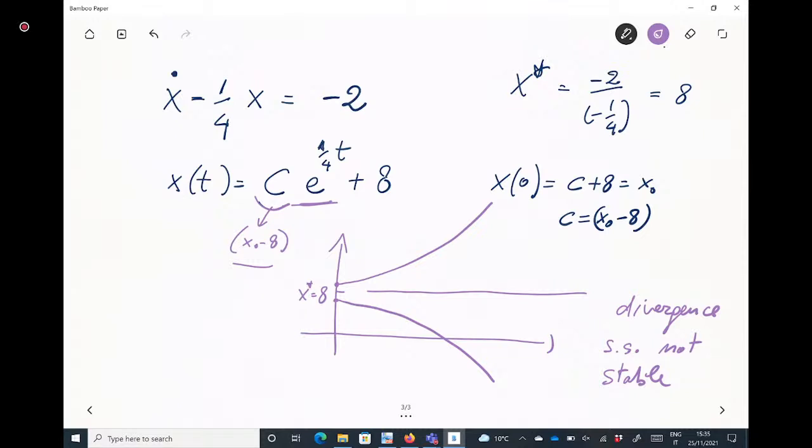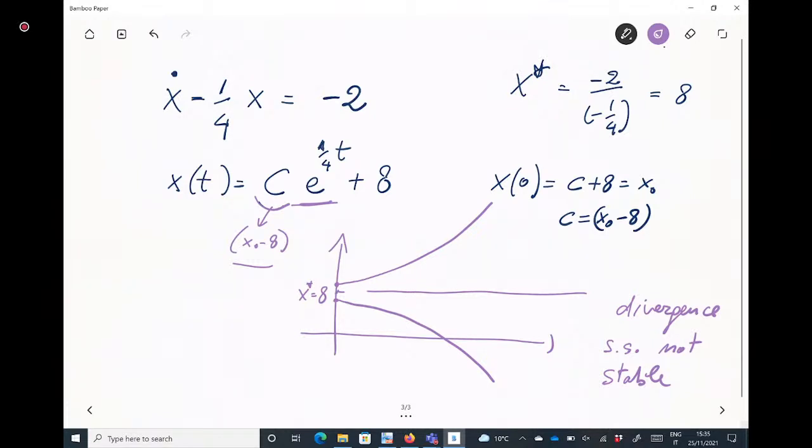In practice, it will never be reached by our system, unless in one particular case. What is the particular case in which the system will be at the equilibrium in the long run? If it starts exactly at the equilibrium, because if it starts exactly at the equilibrium, it will remain there.